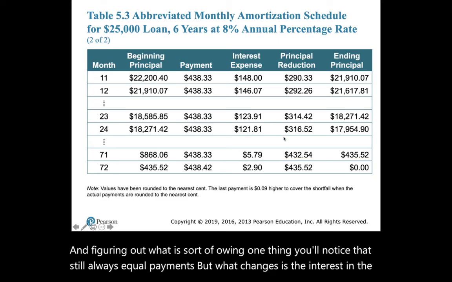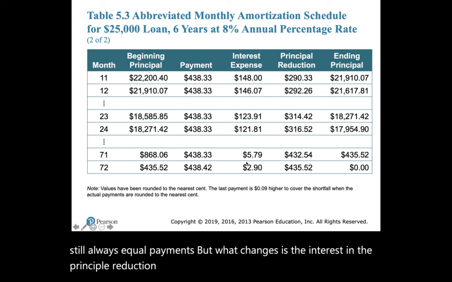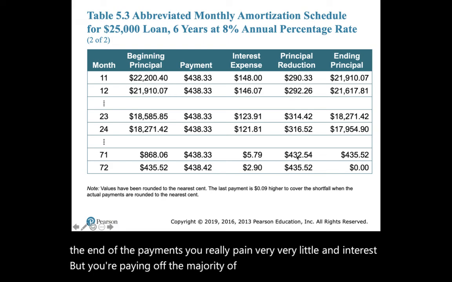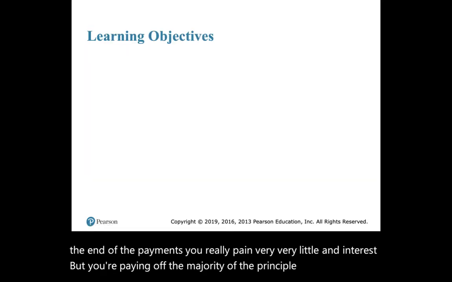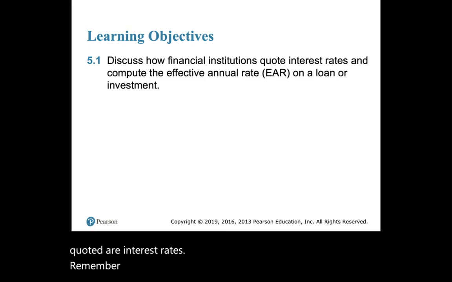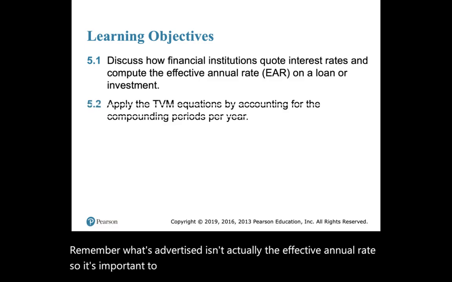And as you can see, finally, when we get down to the end of the payments, you're really paying very, very little in interest, but you're paying off the majority of the principal. So that's been our video. We've discussed basically how we hear or quote our interest rates. Remember, what's advertised isn't actually the effective annual rate, so it's important to make that conversion.